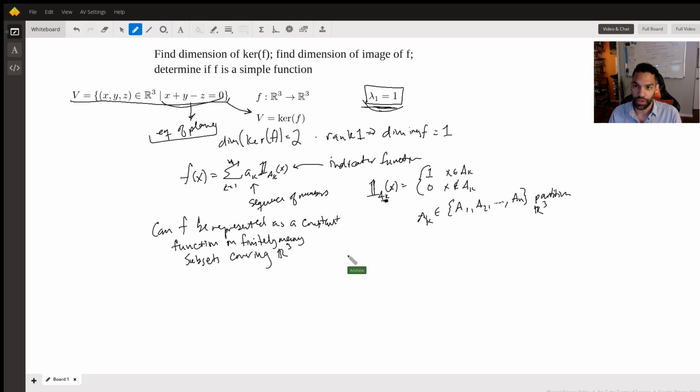It's always increasing. In fact, this line is always going to have the form (a, a, negative 2a) for a in R. So it never has a constant anywhere over any interval. Because of that, this is not a simple function.